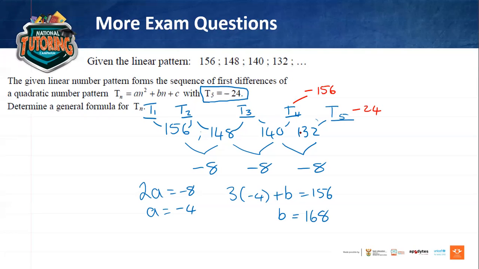Subtract 140 because we're moving backward. This term is negative 296. Subtract 148 to get negative 444, and subtract 156 to get negative 600. So that tells me a plus b plus c is negative 600, my first term.